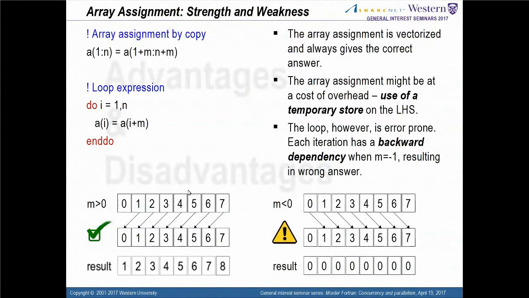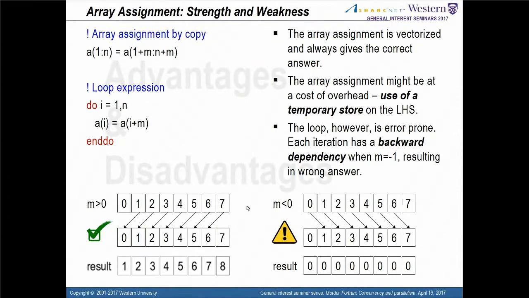Now, let's look at this example. Pay close attention to this example. We have two forms of code which do exactly the same thing, trying to accomplish the same task.